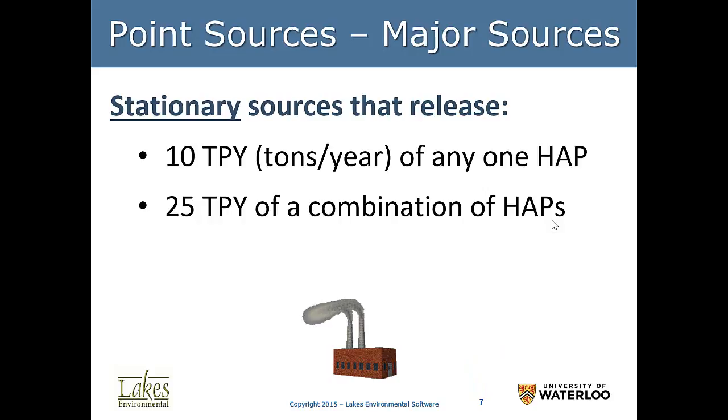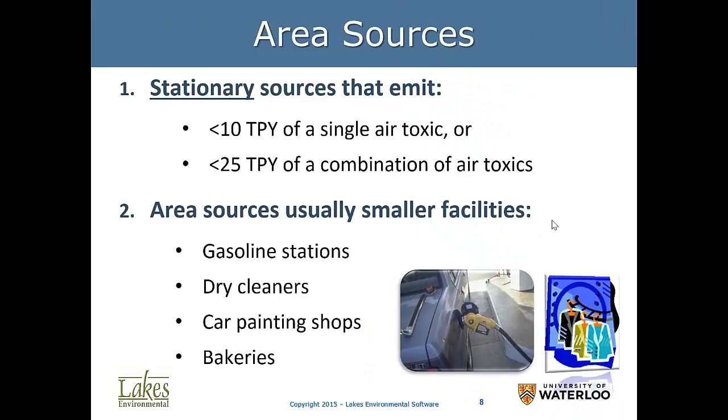Distinguishing this is important because regulations apply differently to major sources than they do to minor sources. Now, non-point sources, or in general, area sources, will include small sources that contribute to the pollution, but they are much smaller than the large major sources. And these include gasoline stations, bakeries, dry cleaners, etc.